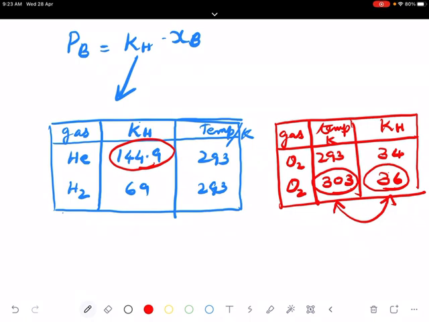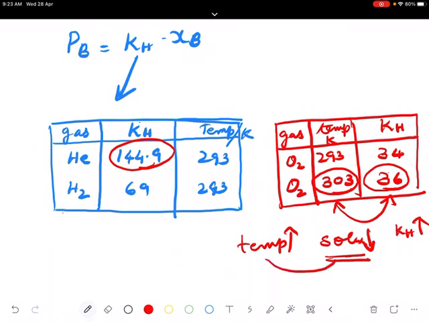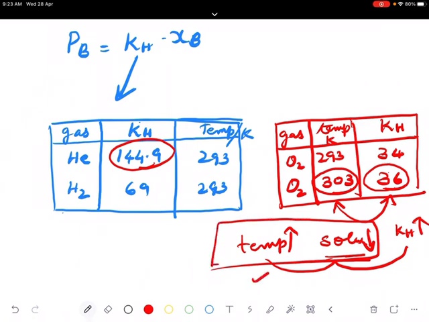So you know that as temperature increases, solubility decreases. Solubility and KH value are inversely proportional. Here solubility is decreased, that means the KH value is high. So in this way you can relate these three things. As temperature increases, solubility decreases.